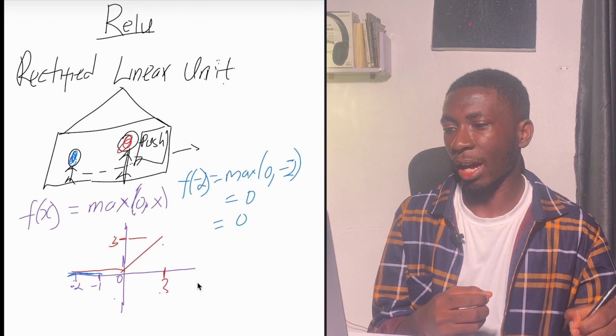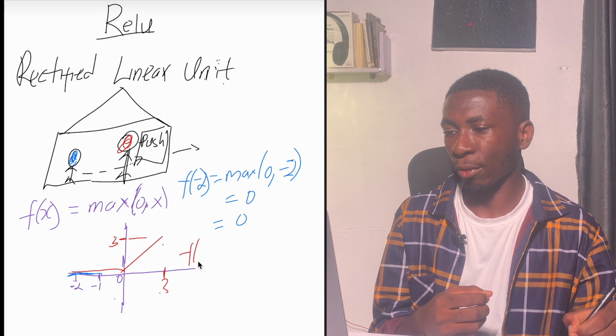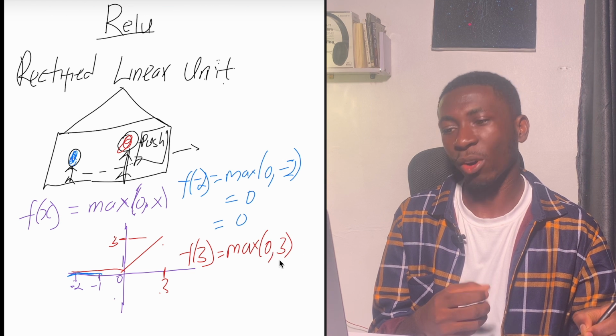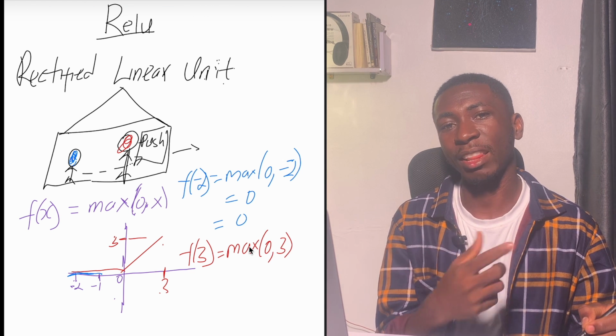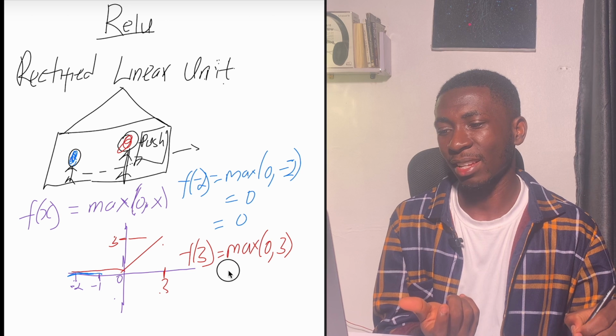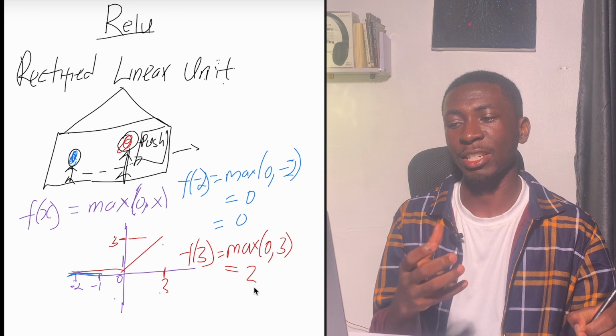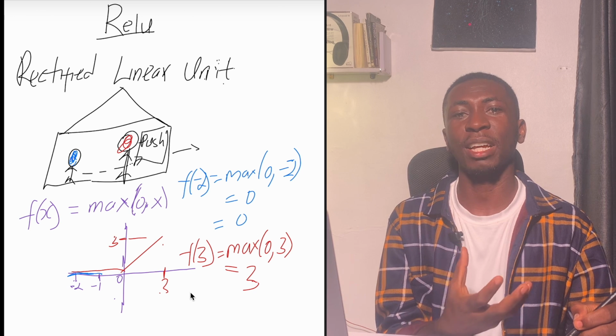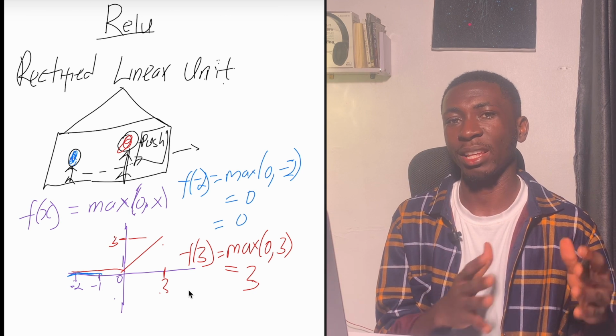How does the door open? Because f(3) equals max of 0 and 3. You and I know very well that 3 is greater than 0. So what happens? It becomes 3. The door opened because she has been able to apply a significant amount of pressure that can actually open the door.